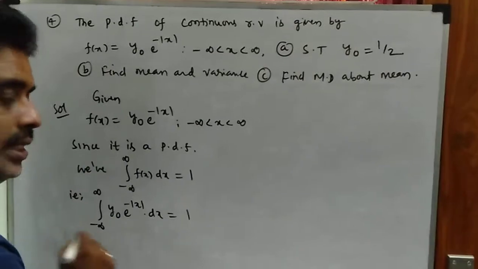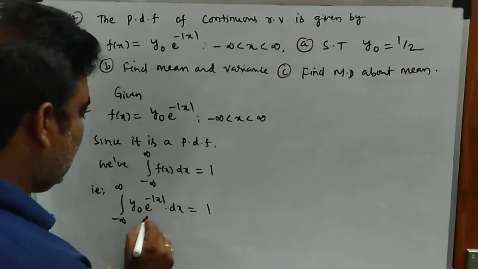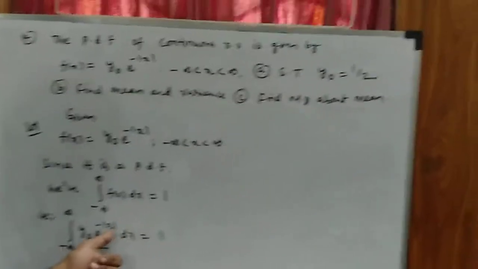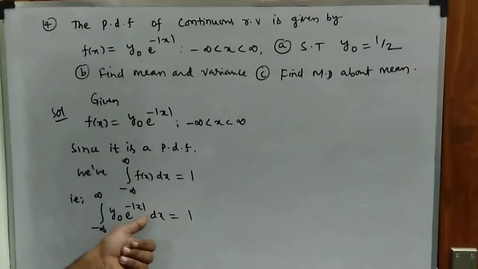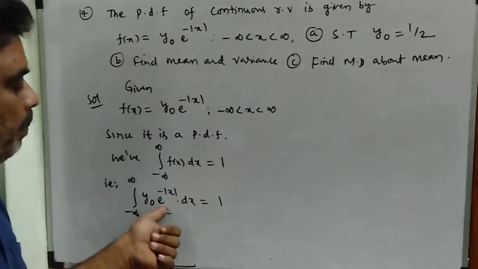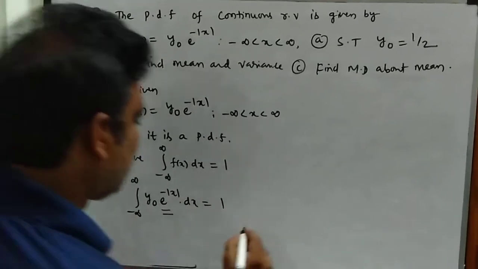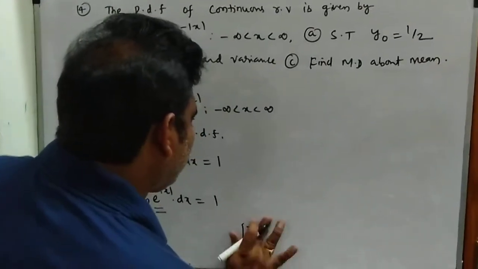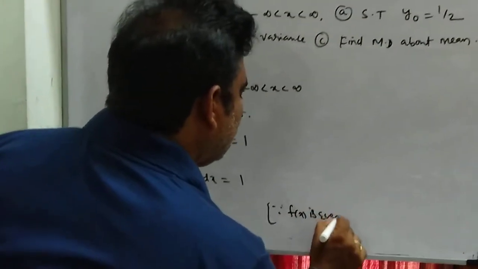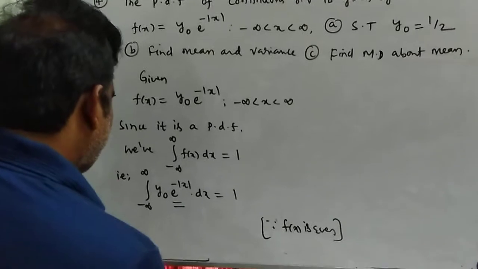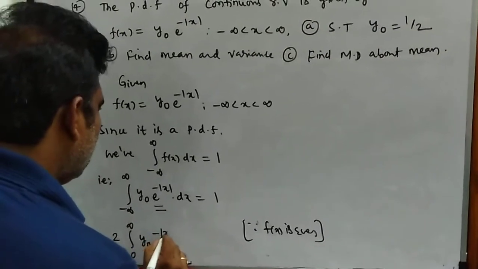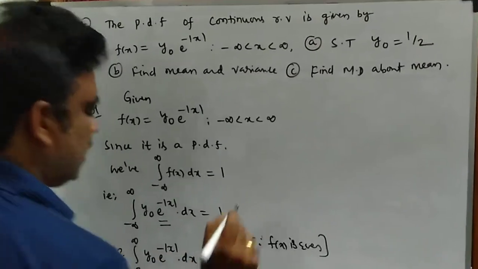Y naught is a constant. E power minus modulus x is an even function. So if it is an even function, we can write it as 2 into the integral from 0 to infinity of y naught e power minus modulus x dx.